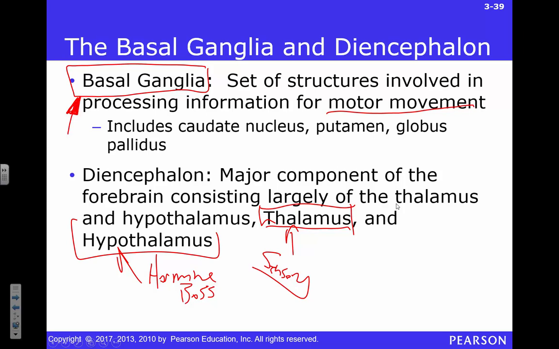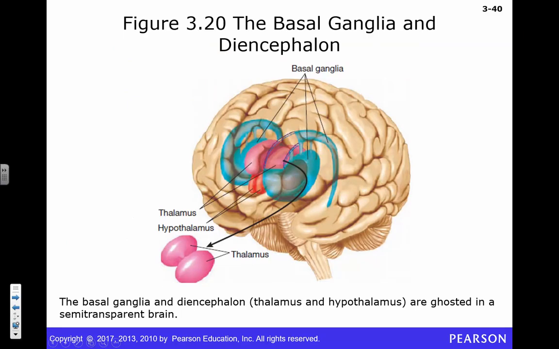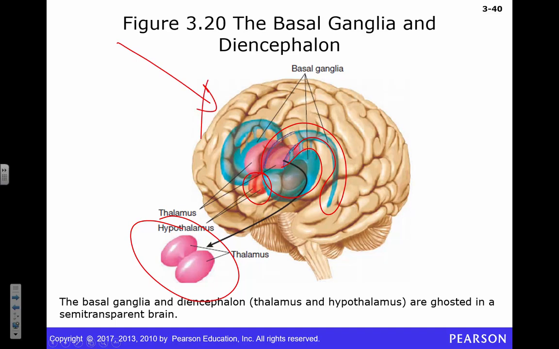Hypothalamus is going to be pretty important for that. There you go. There's the thalamus. Hypo means below, so the hypothalamus is right below that, and you've got your basal ganglia sort of wrapped around those structures, all tucked into the middle of your brain there underneath of your cerebral cortex.